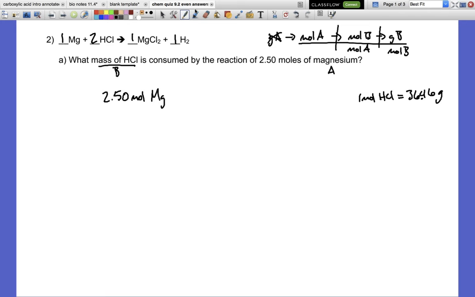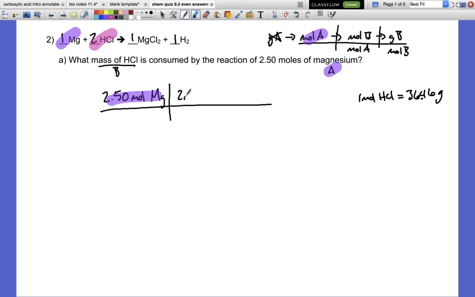So again, magnesium is my A, right? Moles of A. So I start with 2.5 moles of magnesium in my work. But then I need to cancel moles of A using a ratio. Now, for every 1 mole of magnesium, I have 2 moles of hydrochloric acid that are going to be consumed.